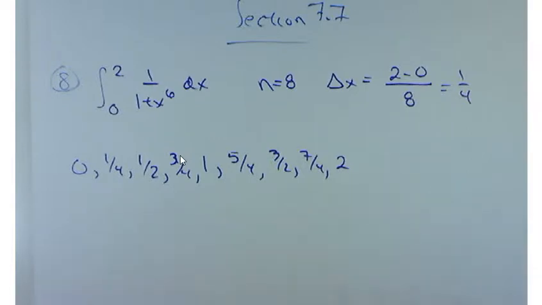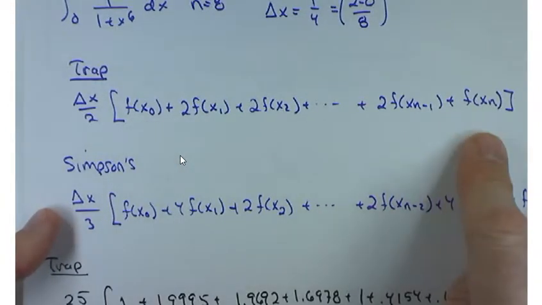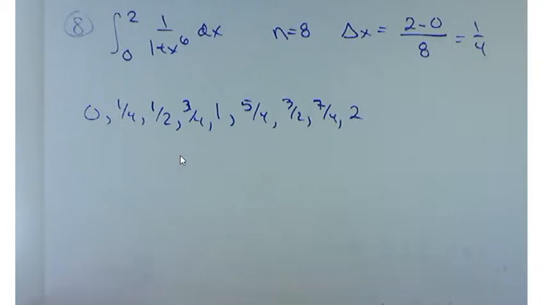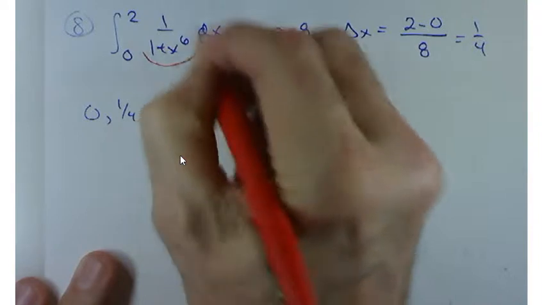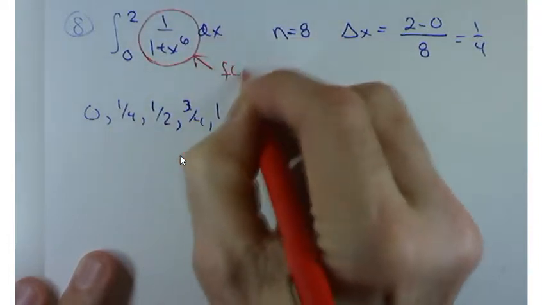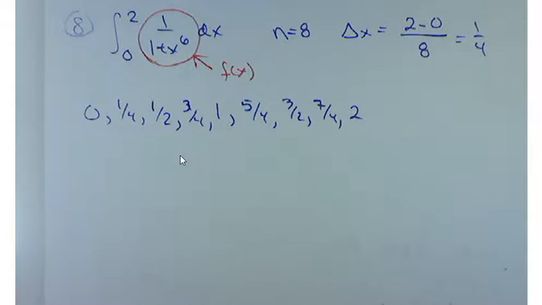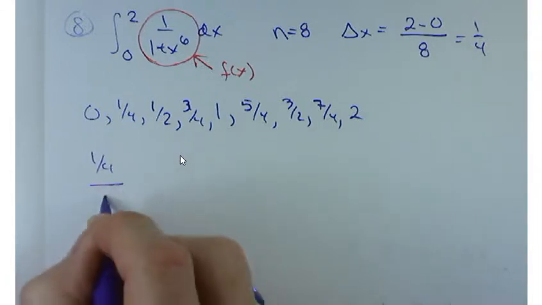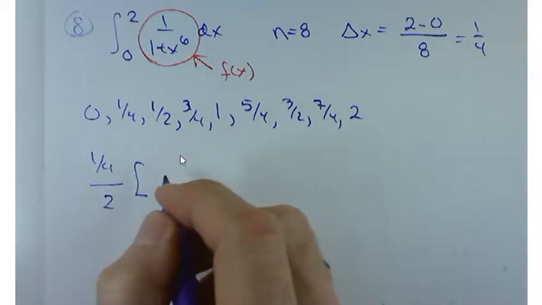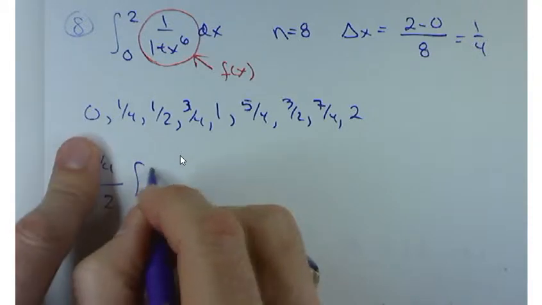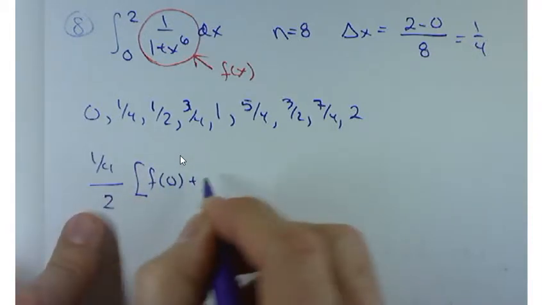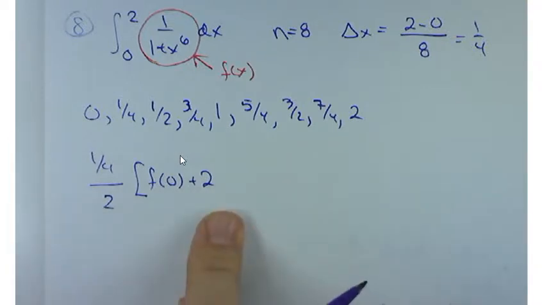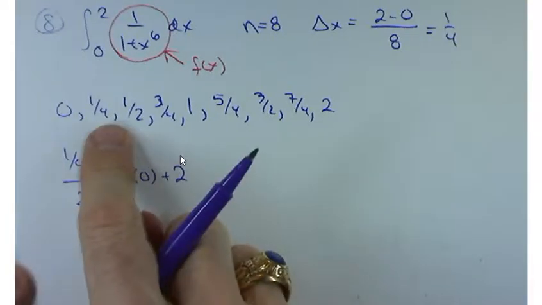So the trapezoid rule tells us that we've got to plug things into this formula. The actual function that I'm going to be using is my integrand, that is my f of x. The trapezoid rule tells us I'm going to take delta x, which is 1/4, and divide it by 2. That's just the formula. And then I want f of 0 plus, and for a lot of the rest of this, I'm going to be taking 2 times the function.